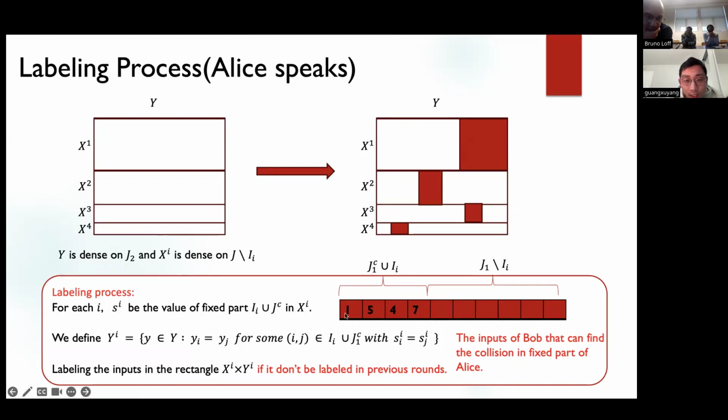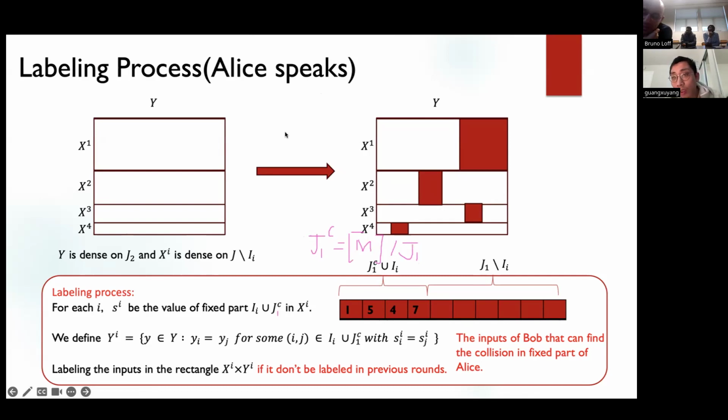What is J1 complement? Oh, my bad, this should be J1. So J1 is the set, and J1 complement is the complement of J1.